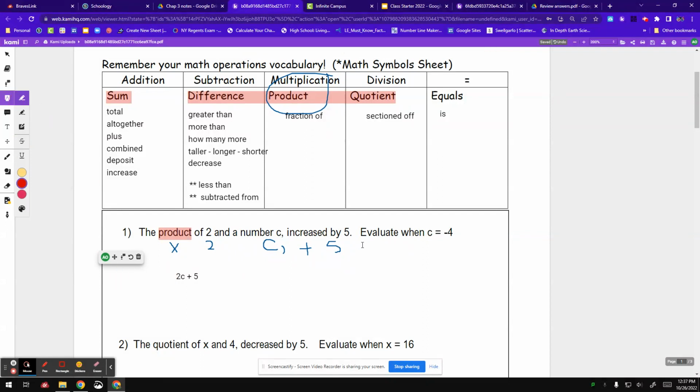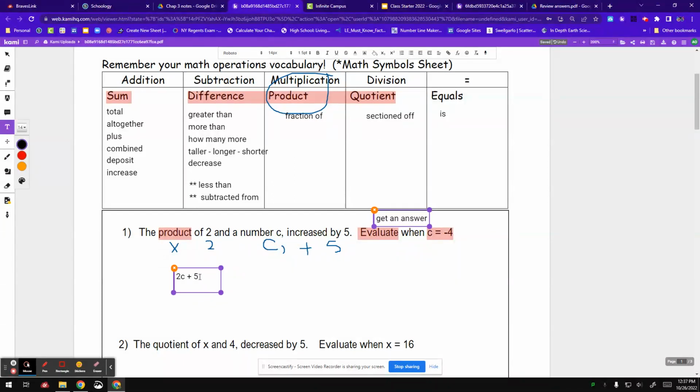The second part of this says to evaluate. We're giving C a number value. Remember that evaluate means to get an answer. In place of C, we're going to put -4. So down here, we're going to have 2 times -4 plus 5.